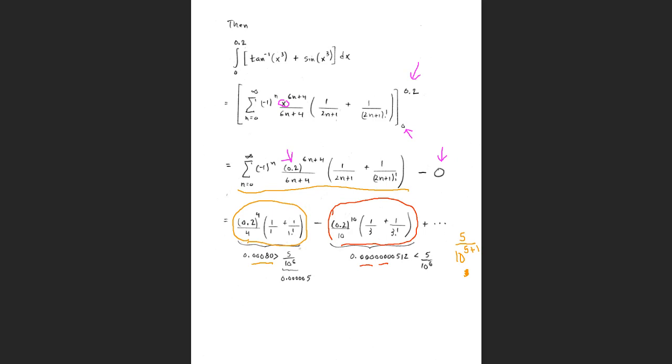Looks like 8.00000000512. And that's certainly less than 5 over 10 to the 6th power, because 5 over 10 to the 6th power is 0.000005. And so that means to get our estimate of this definite integral correct to 5 decimal places, we only need one term of the series by the alternating series estimation theorem.